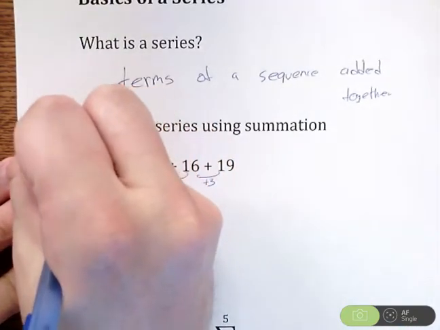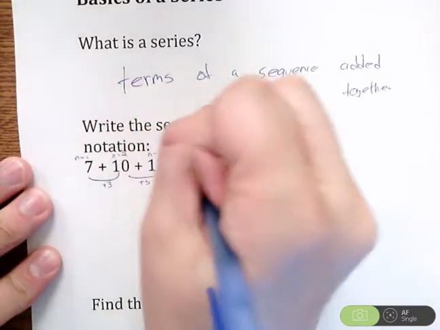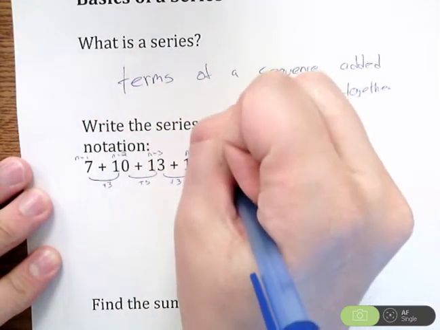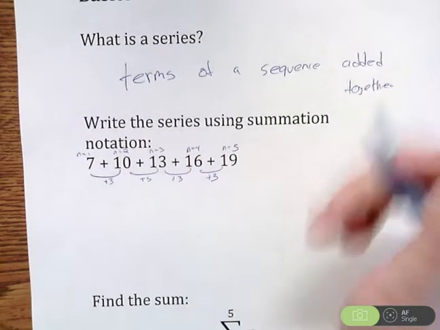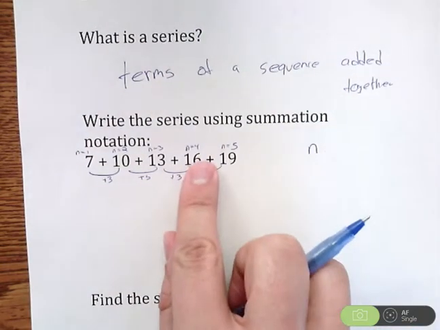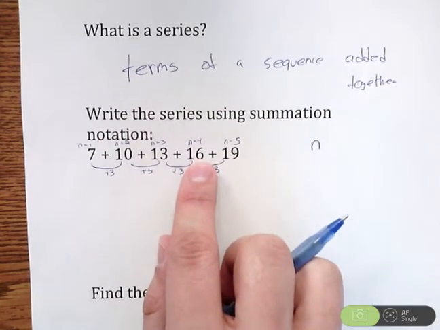So this is n is 1, n is 2, n is 3, n is 4, n is 5. And I pick one of the bigger terms, like this one. So I know n is 4, so I'm going to be using n in some way, and I've got to make that n of 4 turn into 16.